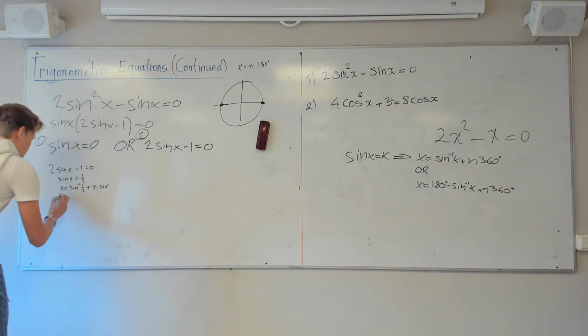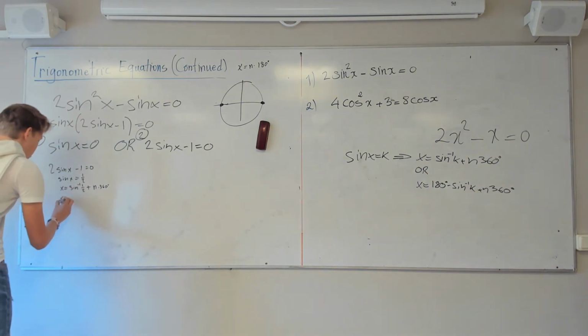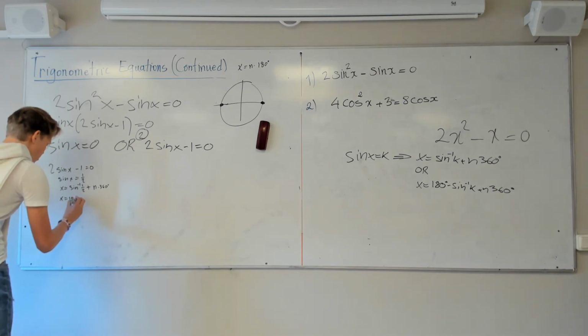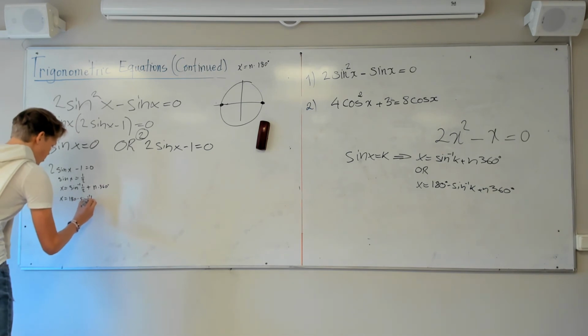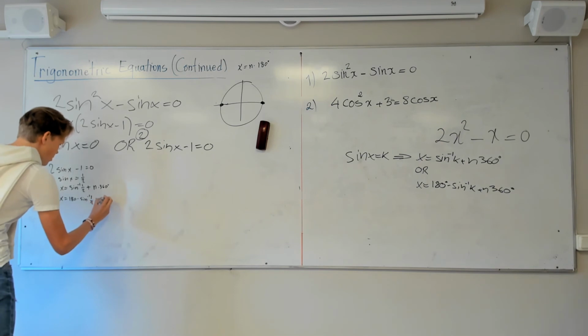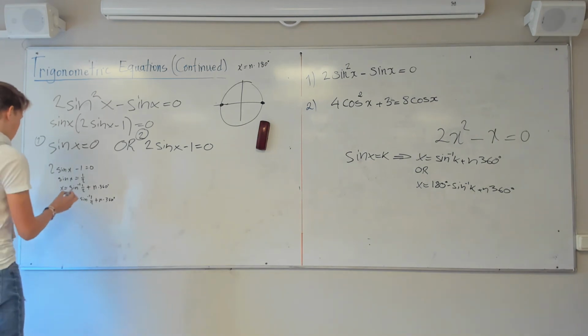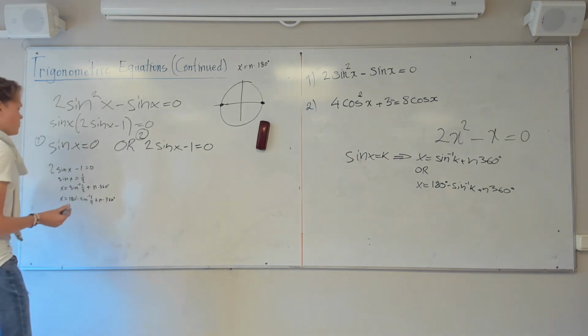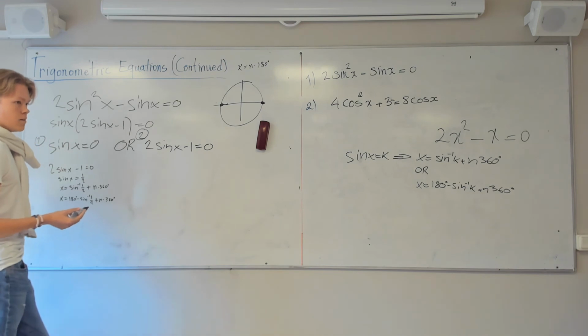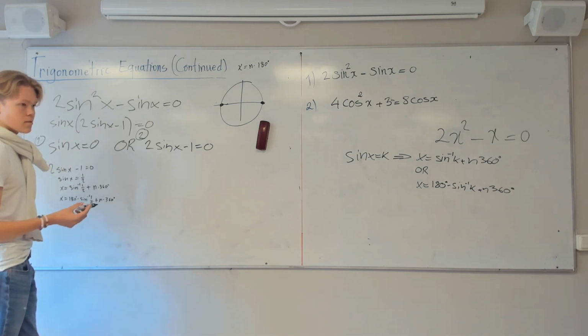And we also get x is equal to 180 minus 1 over 2 plus n times 360 degrees. Please put degrees on 180 as well. I don't know if you remember, otherwise I can help you, because it is not demanded from you to remember these numbers.